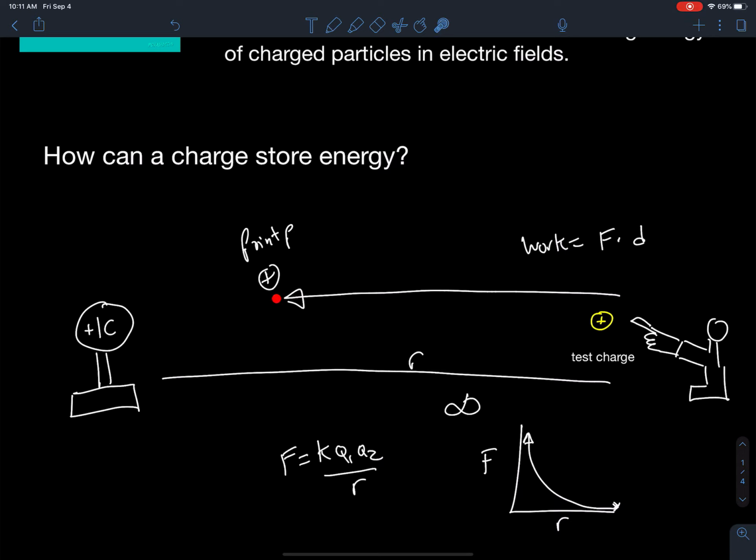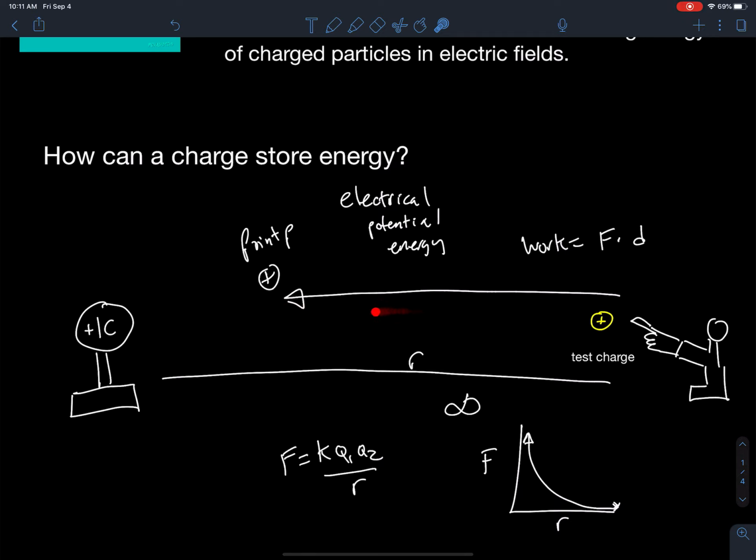Well, just like when we talked about conservation of energy, the work that I put in is going to be stored as electrical potential energy.